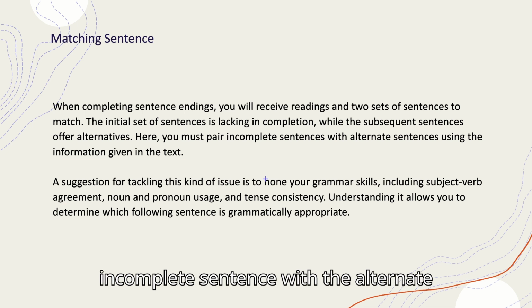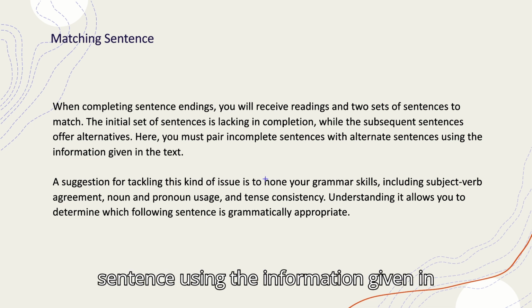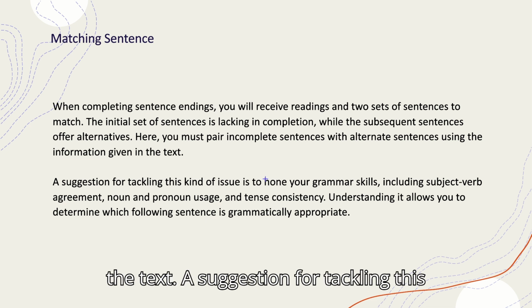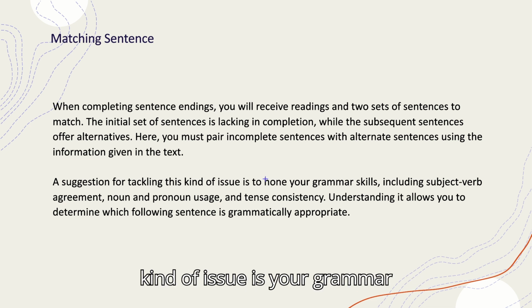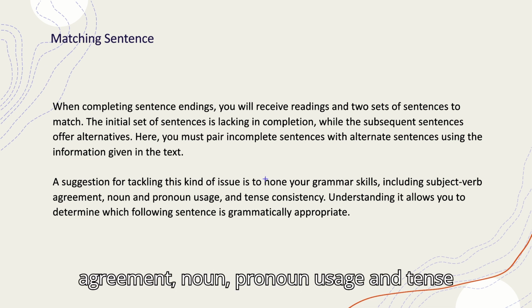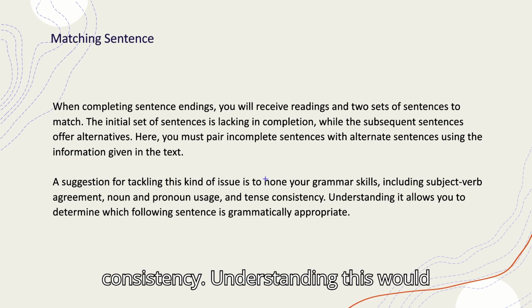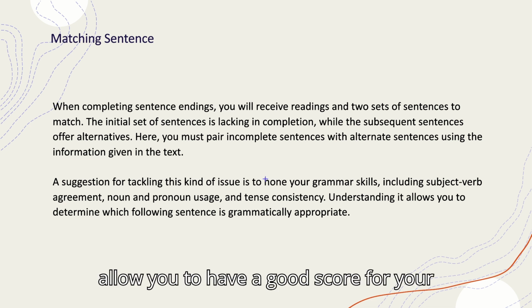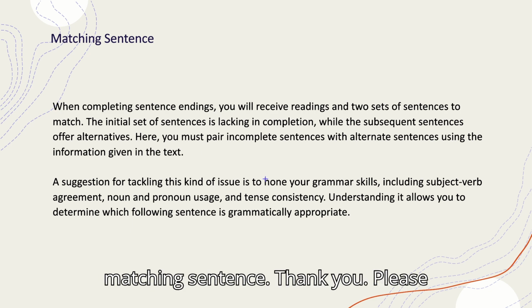Here you must pair the incomplete sentence with the alternate sentence using the information given in the text. A suggestion for tackling this kind of question is your grammar skills: subject-verb agreement, noun-pronoun usage, and tense consistency. Understanding this would allow you to have a good score for your matching sentences.